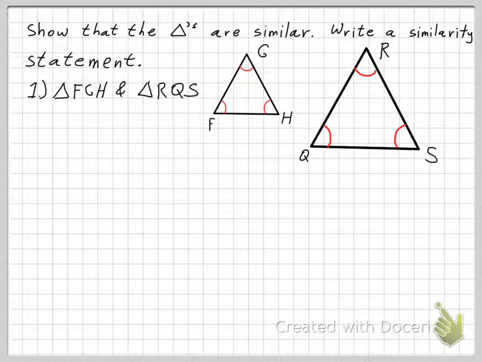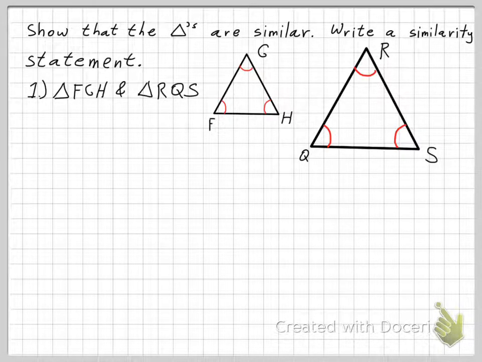We have triangle FGH and triangle RQS, and we have that these three angles are congruent. Well, the only way that can possibly happen, right, we went over this in an earlier chapter, is if these are all 60 degrees. So we have 60, 60, 60, and this triangle is 60, 60, 60.